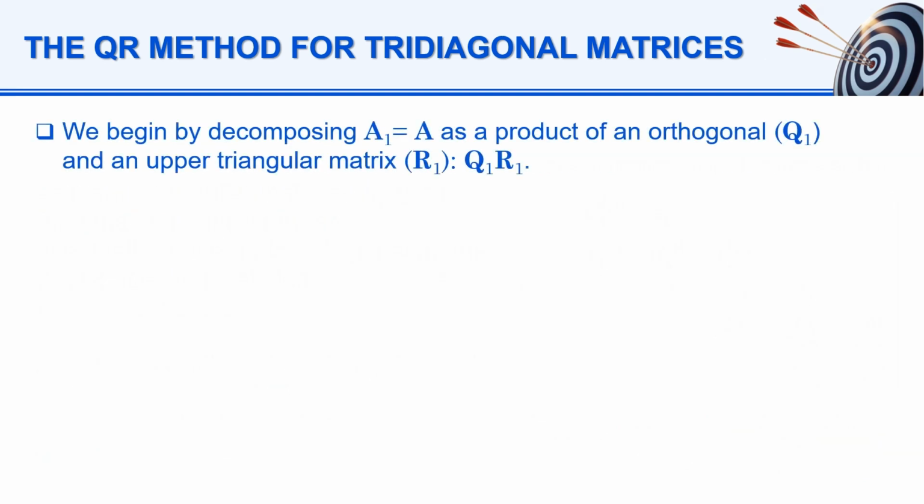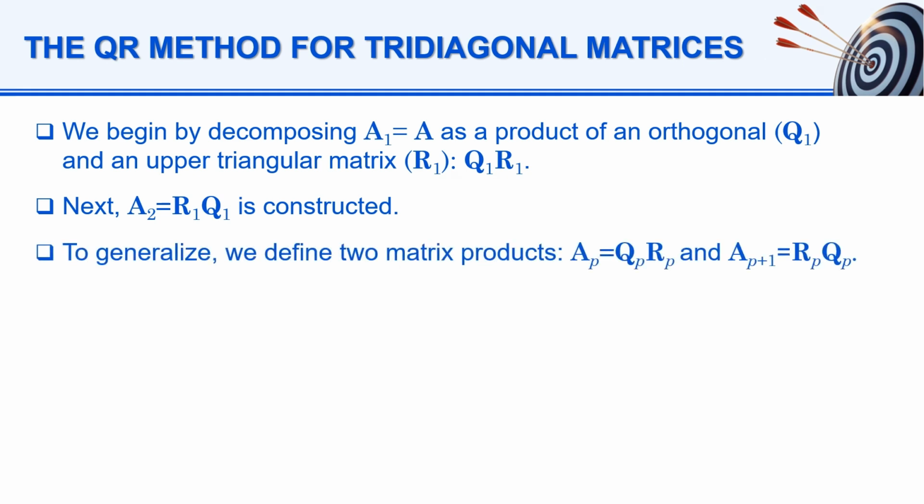We begin by decomposing A^1 equals A as a product of an orthogonal Q1 and an upper triangular matrix R1, which is expressed as Q1R1. Next, A^2 equals R1 times Q1 is constructed. To generalize, we define two matrix products: A^p equals Q^p R^p and A^(p+1) equals R^p Q^p for the pth iteration step.